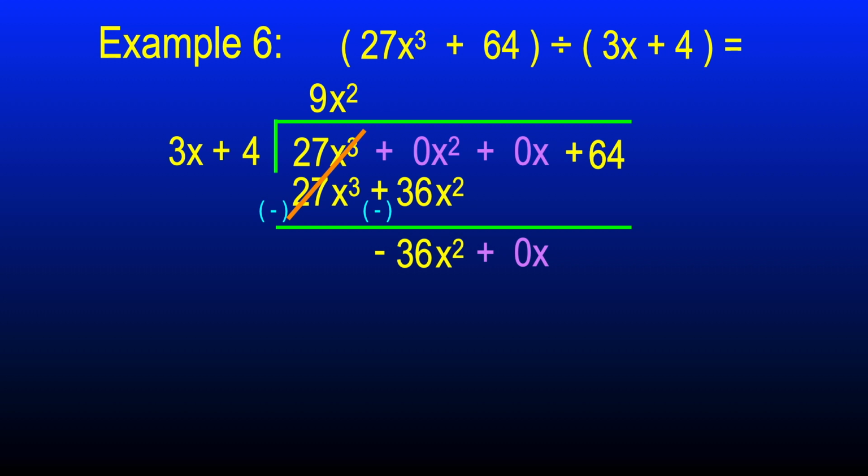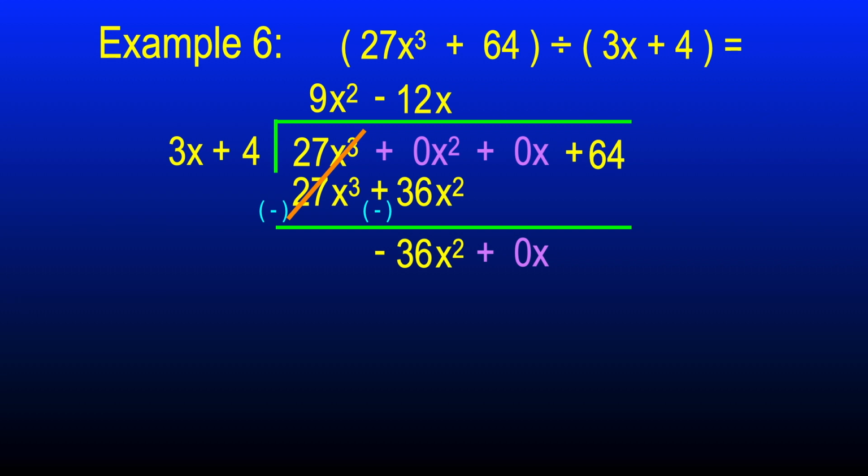Negative divided by positive is negative. 36 divided by 3 is 12. Then x squared divided by x is x. Tapos ka na mag-divide, multiply twice. Kasama yung signs.